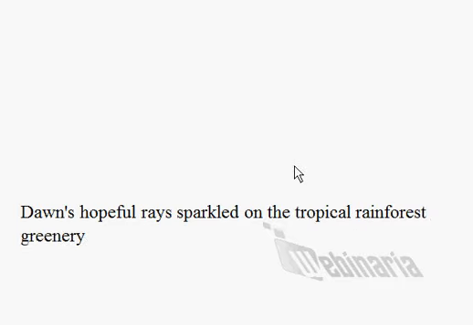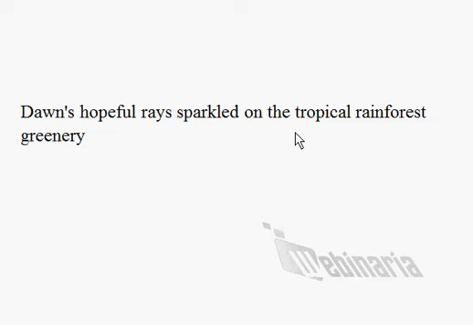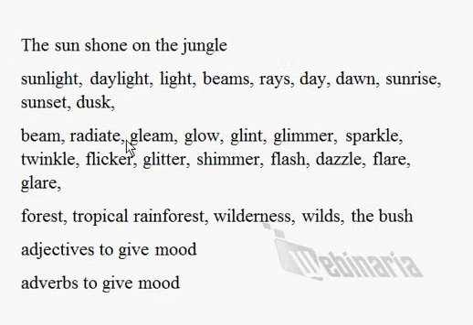And then finally, I've put dawn's hopeful rays sparkled on the tropical rainforest greenery. Yeah? So, it's telling us we're in a tropical rainforest. It's beautifully green. The sun is sparkling, yeah? And everything is full of hope. So, from the sun shone on the jungle, we've gone a long way.